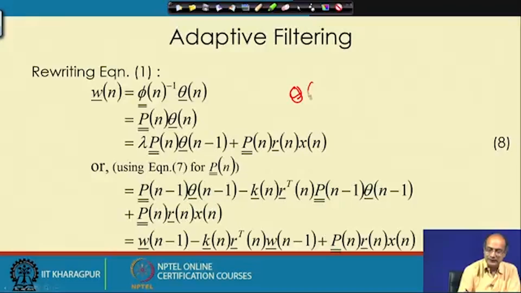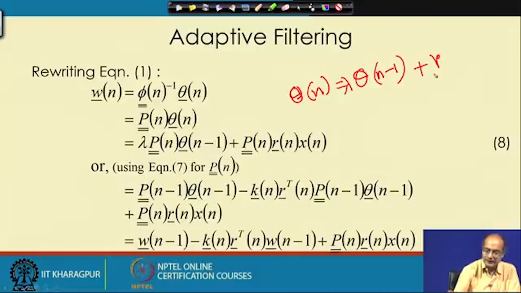that theta n is nothing but lambda times theta n minus 1 plus Rn into Xn.